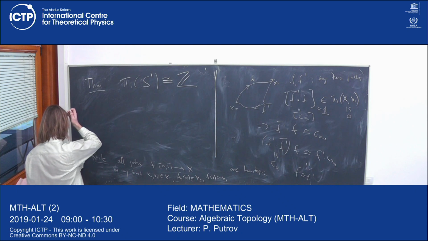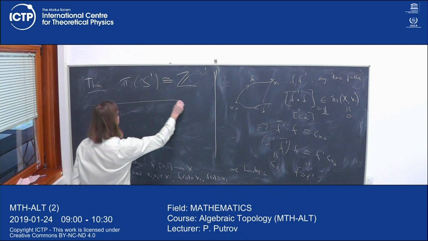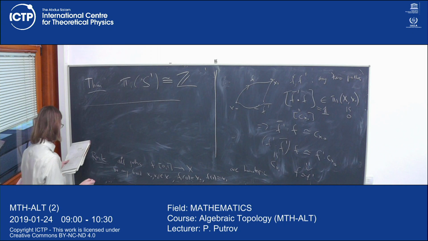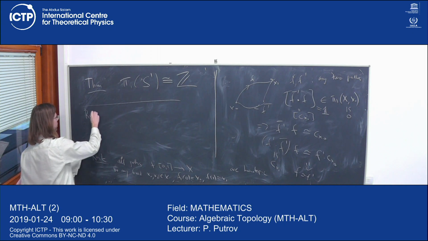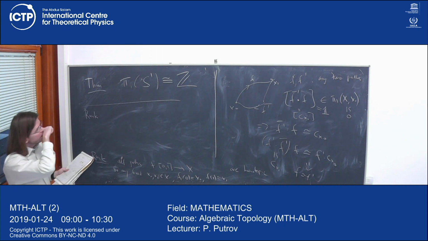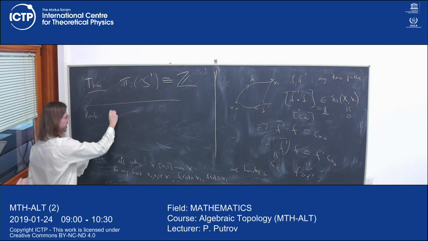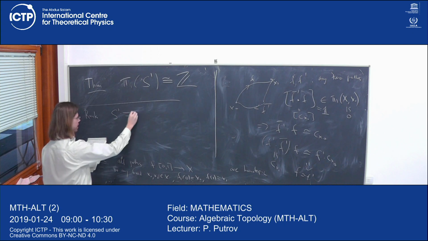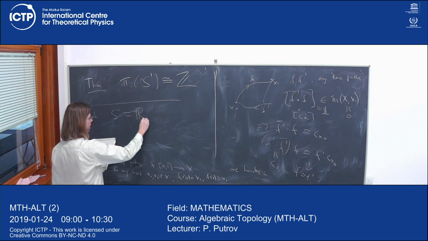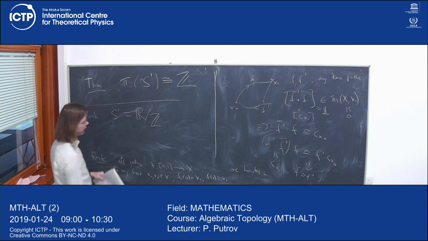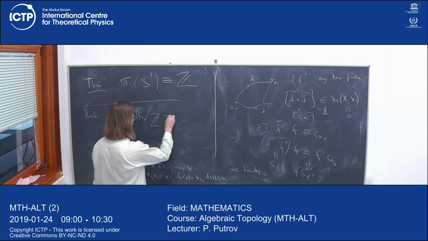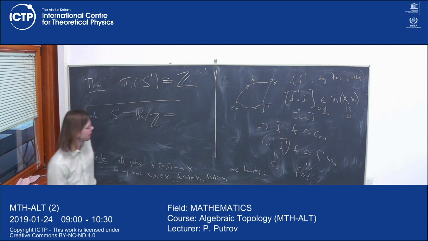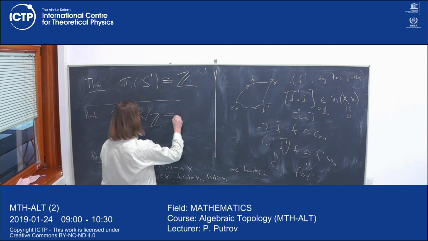This is the group of integers with respect to addition. And so let me make the following remark. What is S1? I want to represent S1 as the quotient of the real line by the action of the group Z, which can be written more explicitly as follows.